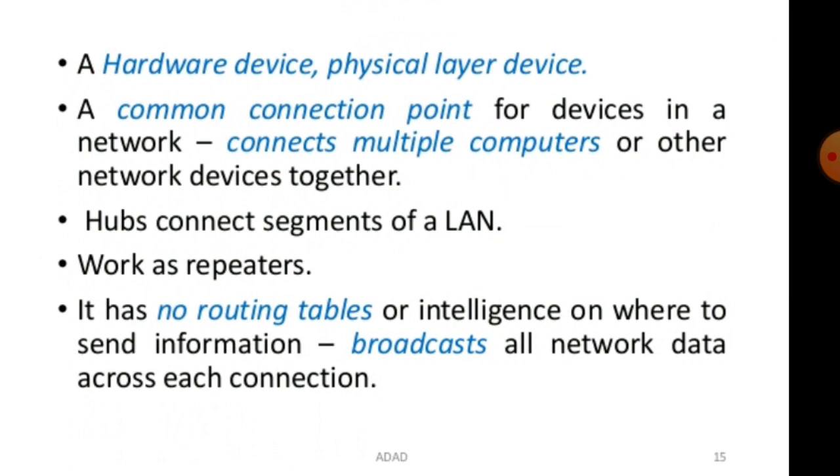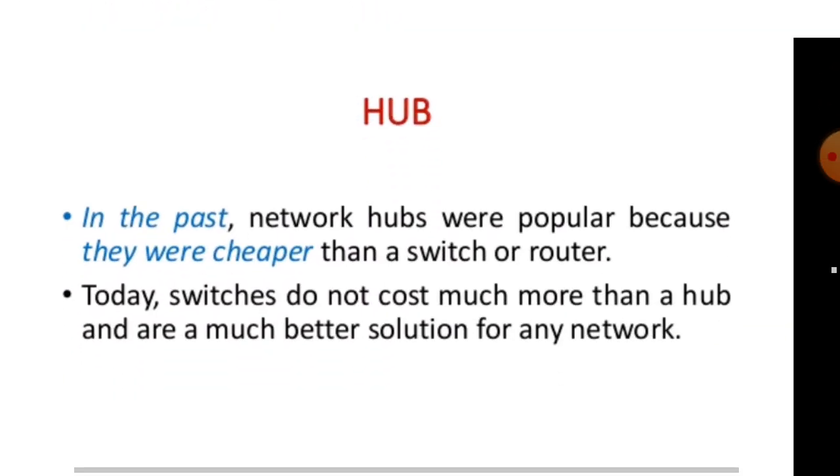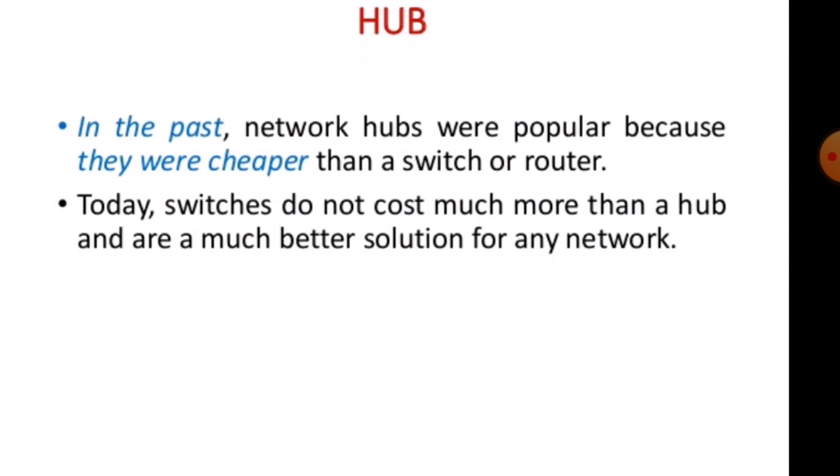It broadcasts all network data across each connection. In the past, network hubs were popular because they were cheaper than a switch or a router. Today, switches do not cost much more than a hub and are a much better solution for any network.